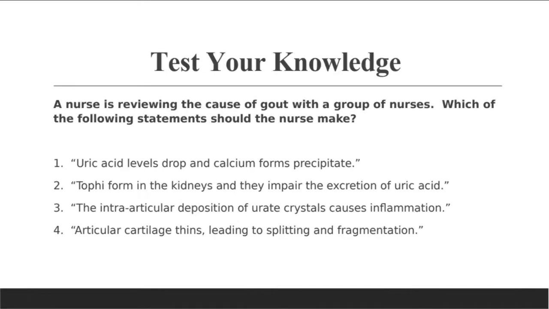Yeah, the answer is 3. So what happens is that the urate crystals are going to deposit in the joint, they can deposit in the tissues, and it's going to lead to inflammation, and then it's going to be very painful for your patient. Sometimes if it's in their great toe, they can't even put a shoe on.